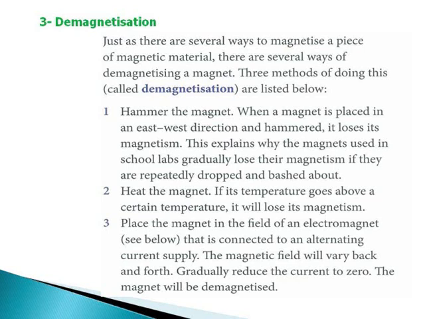The second one is heat the magnet. This is the best way. If the temperature goes above a certain temperature, the material will lose its magnetism.